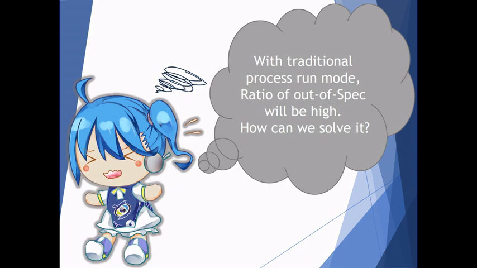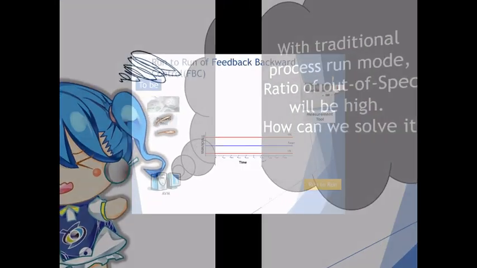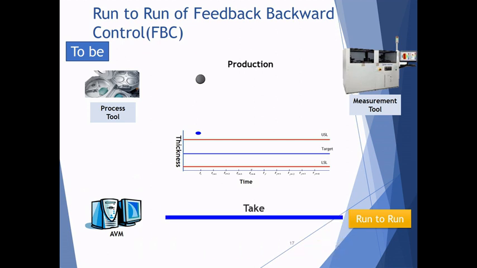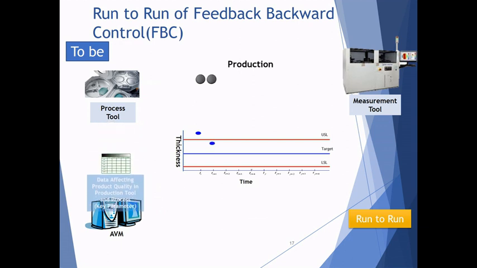How can we solve it? With AVM, even though the user doesn't measure every wafer, the user can still get quality information such as thickness through data affecting product quality in the production tool and process.